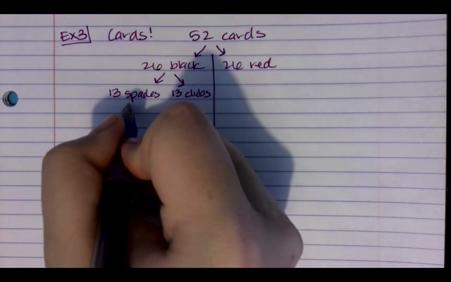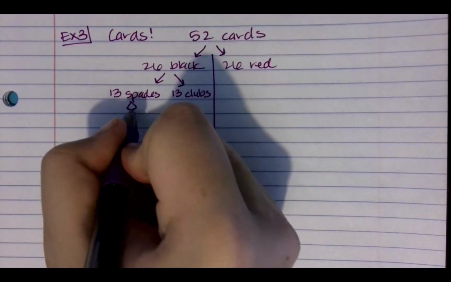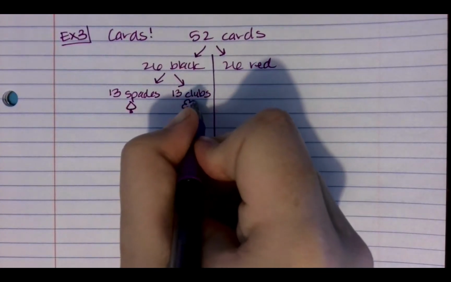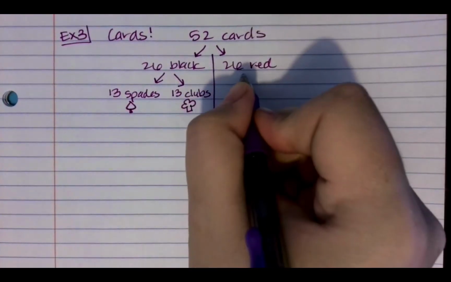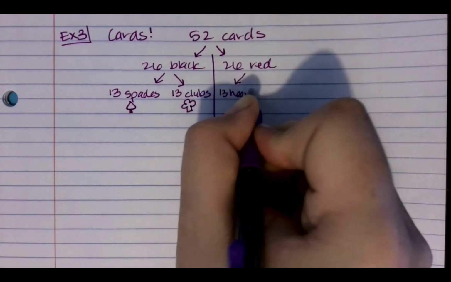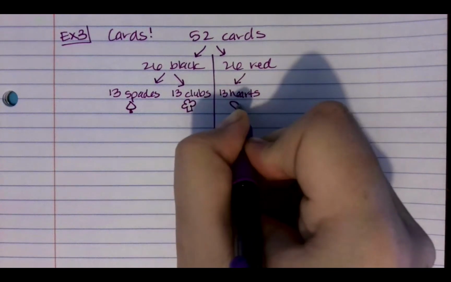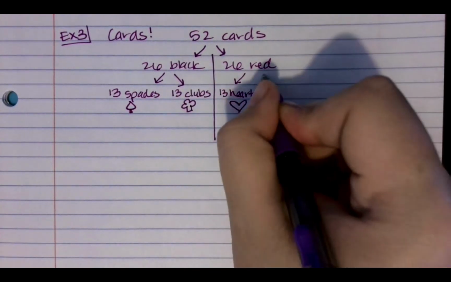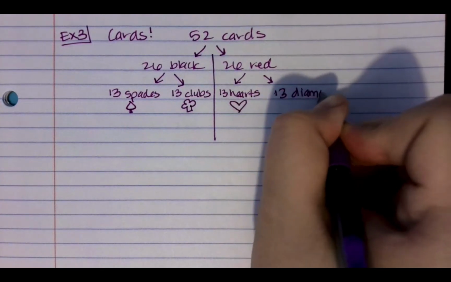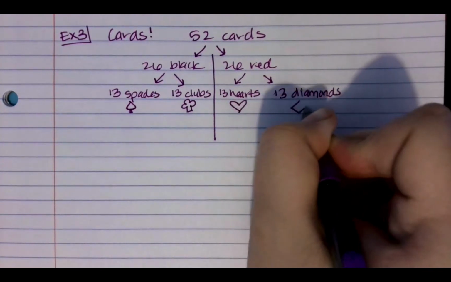And a spade looks like this little funny guy, and a club looks like a little tree. Okay. In the red cards, we have 13 hearts. That's an easy symbol. There's our hearts. Or we can have 13 diamonds. There we go.